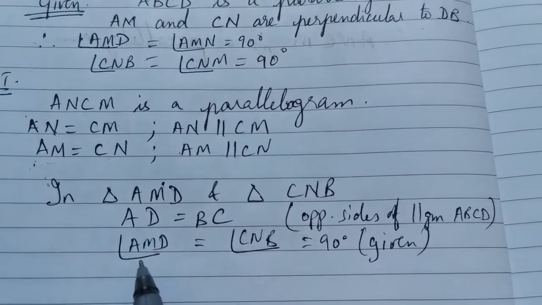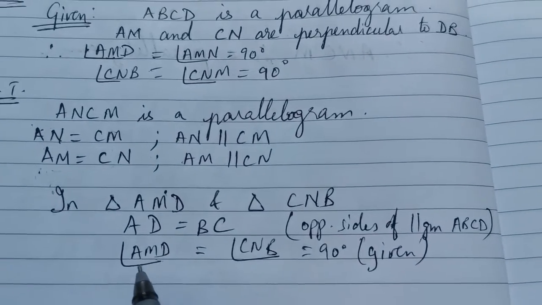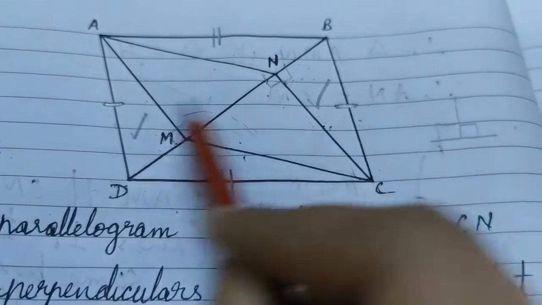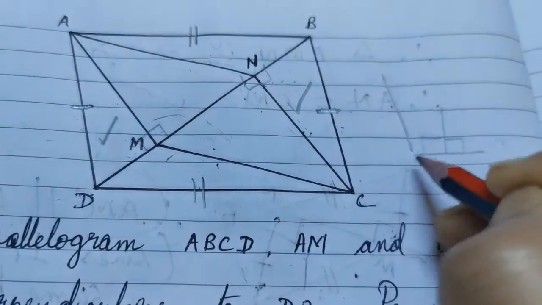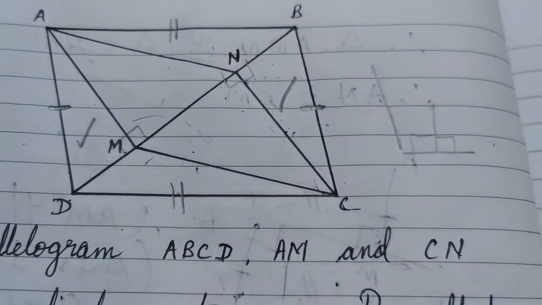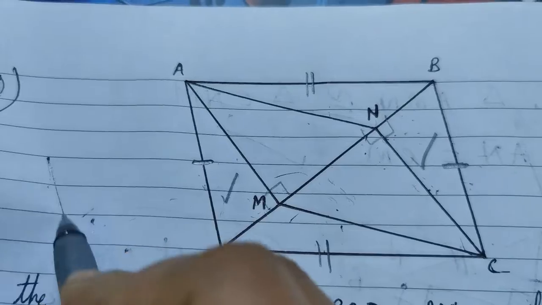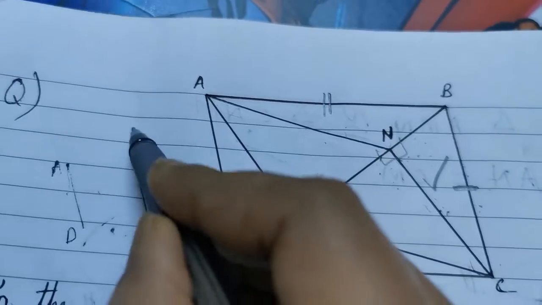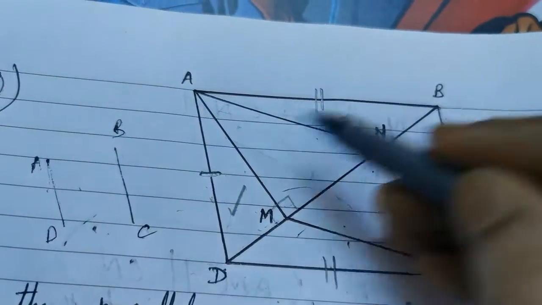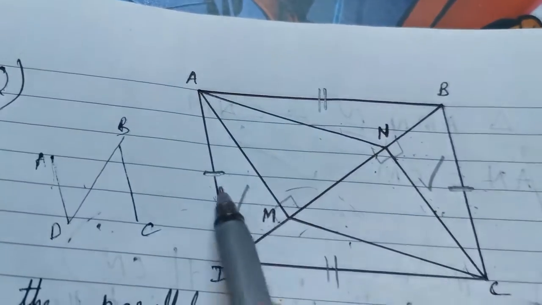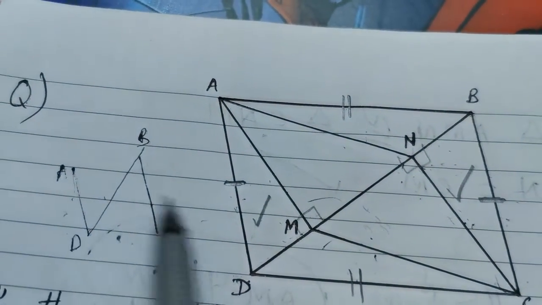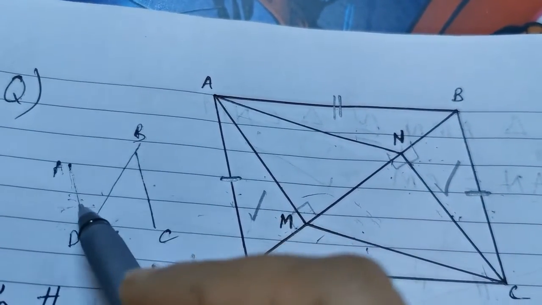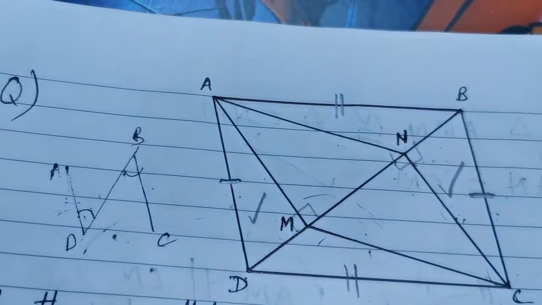Now we found two properties which are the same. Next we will have to find the third property. To find the third property, you can see these two are parallel to each other. I have a line AD, and I have a line BC, and the line DB, which is the transversal. These two lines are parallel to each other because they are opposite sides of a parallelogram. When two lines are parallel and cut by a transversal, you have alternate angles formed in between them.